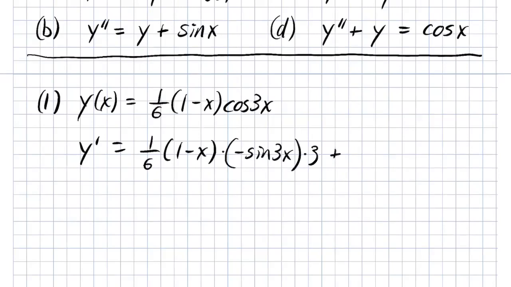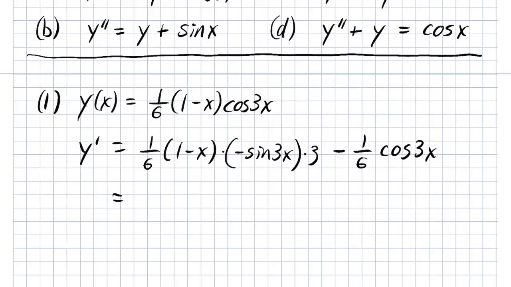And then we're doing a product rule, so it's plus the derivative of the first one, which is negative 1, so minus 1/6 times cosine 3x. Okay, so there's the first derivative, and let's simplify that a bit.